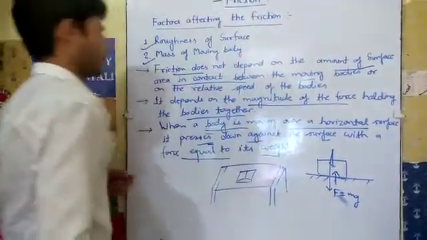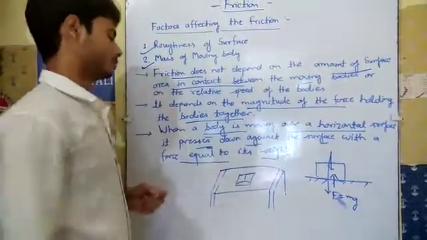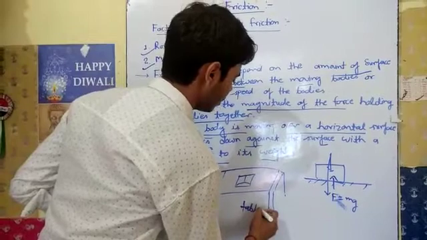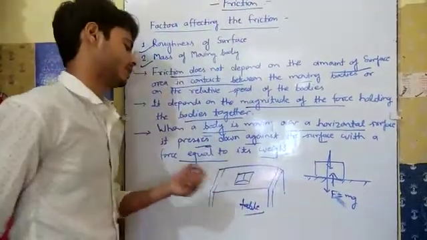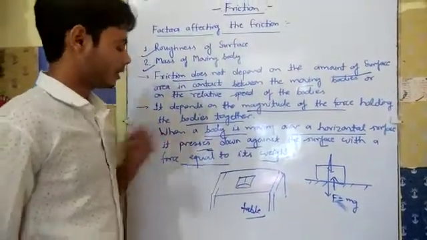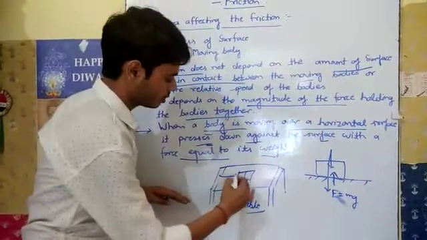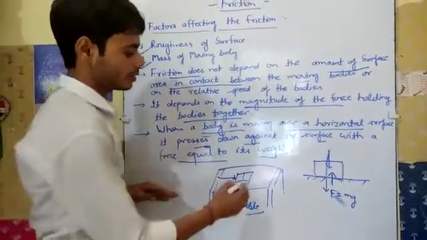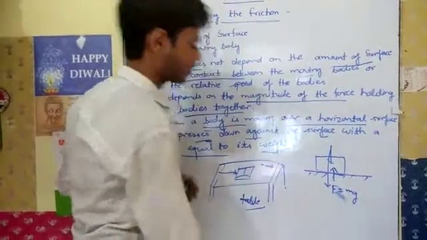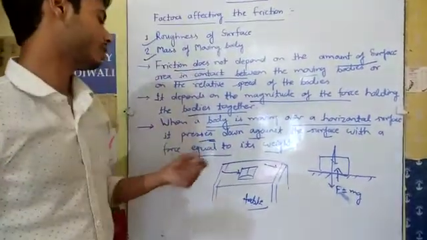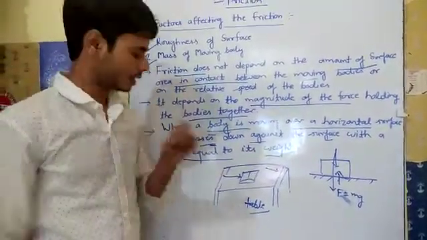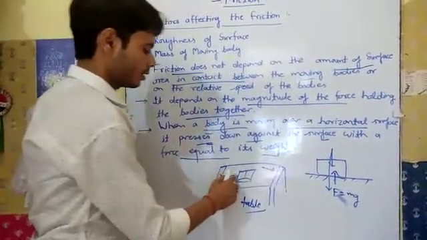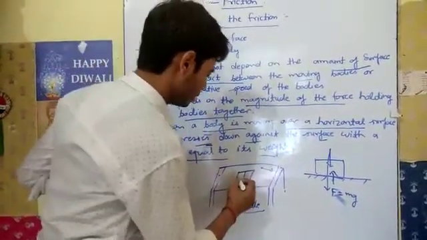Now the next one: this is a table on which a book is placed. If we apply a force on this book, then it moves in this direction. After that we take a membrane and place it under the book.